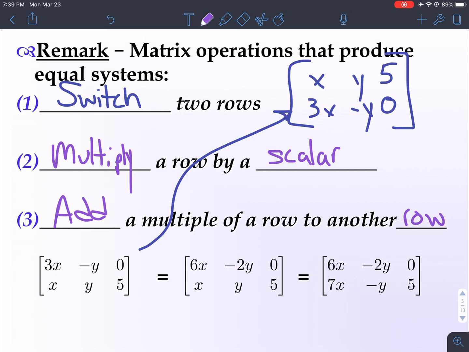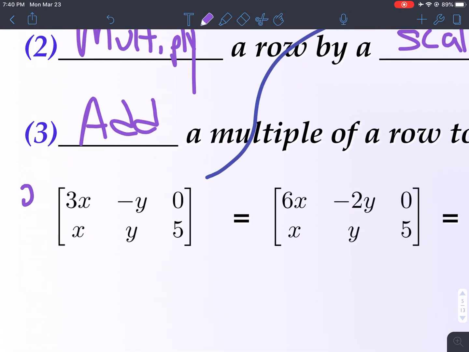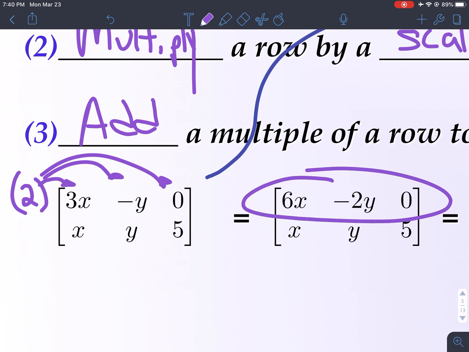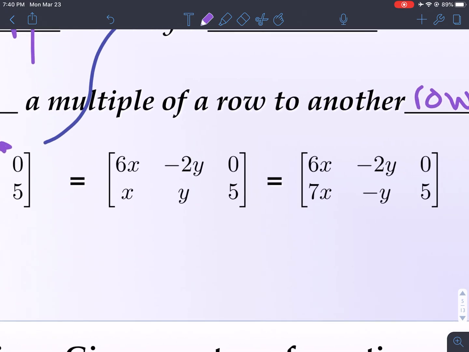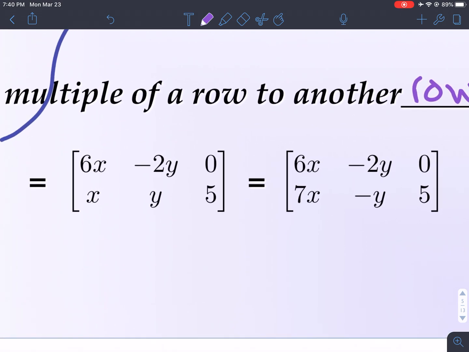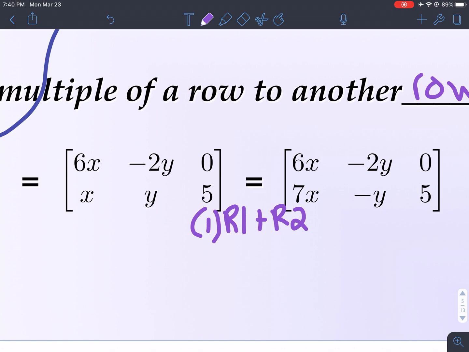So take a look down at the bottom. If I multiply the first row of this matrix by 2, I'm going to distribute that to everything, and I end up with 6x, negative 2y, and 0. Then I could take the first row times 1 and add it with row 2. So R1 plus R2.